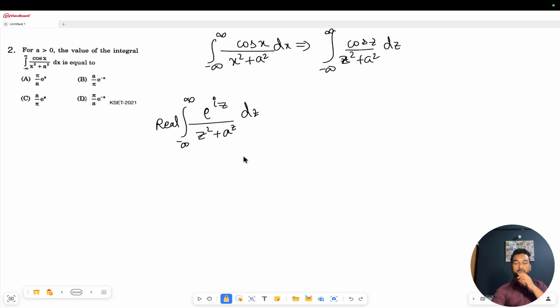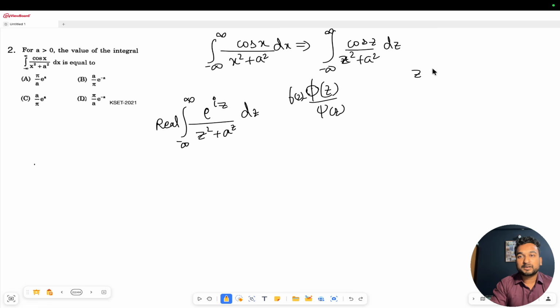Now it is your normal complex function, phi of z upon psi of z, f of z, since in the numerator also you have a function of z, and in the denominator also. So first calculate the poles.